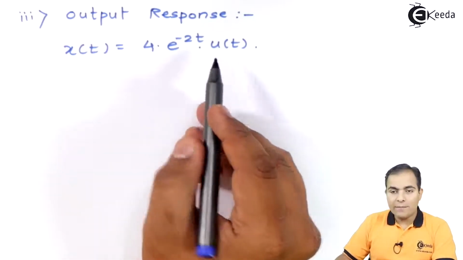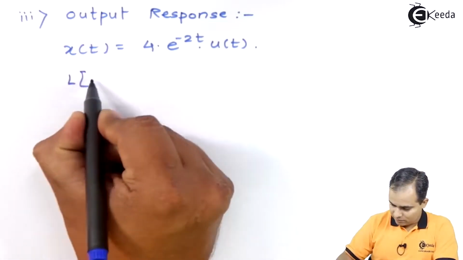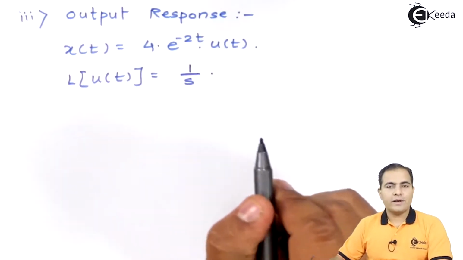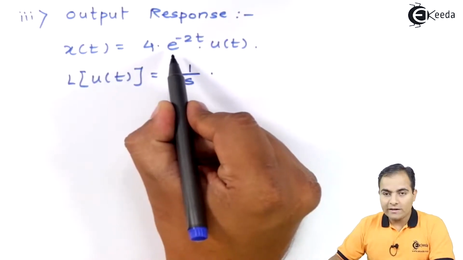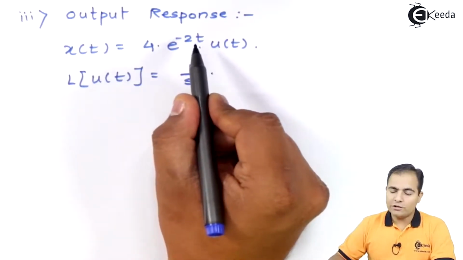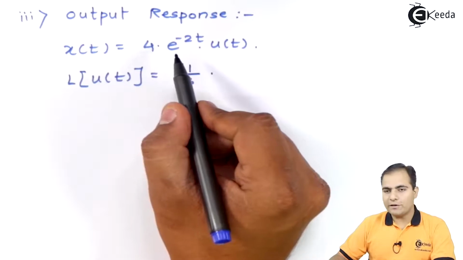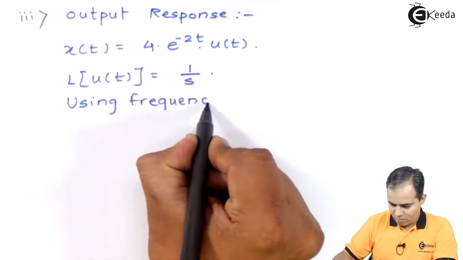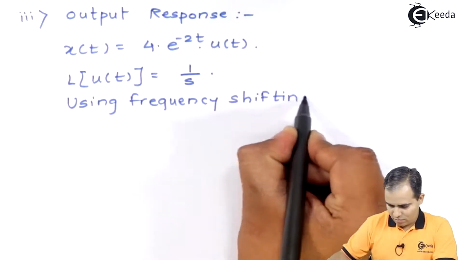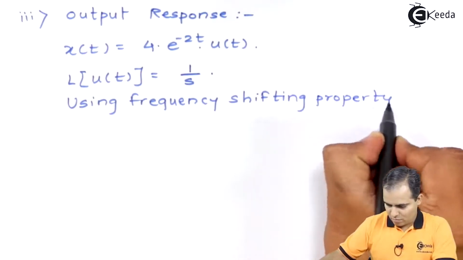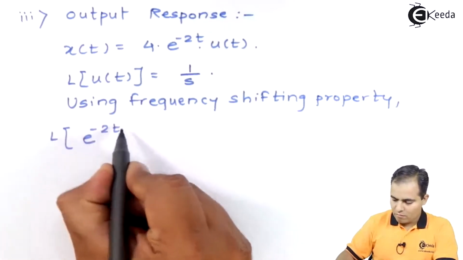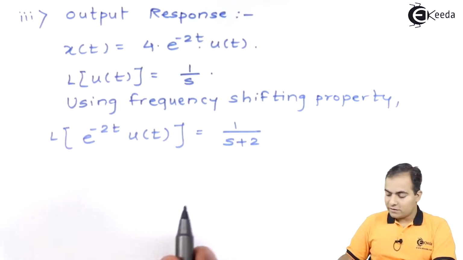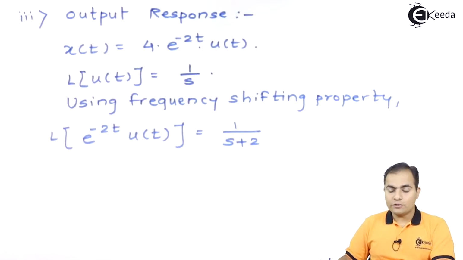First of all, the Laplace transform of u of t, and we know that it is 1 by s. Now, if you multiply it by e to the power minus 2t, which means we have to use the frequency shifting property, this is now 1 upon s plus 2.